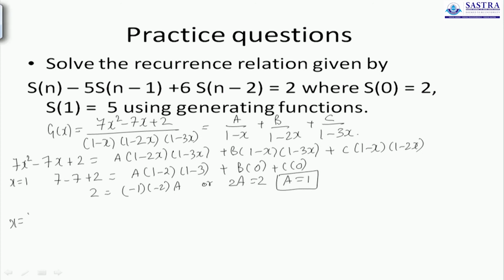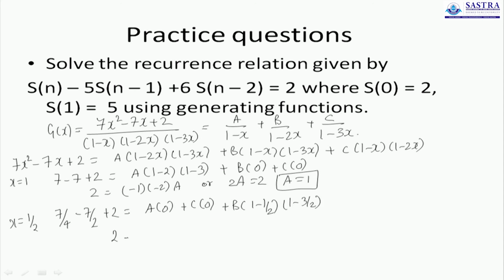And next, if we plug in x is half, we will have 7 upon 4 minus 7 upon 2 plus 2 equaling a times 0 and c times 0 and b times 1 minus half and 1 minus 3 by 2.